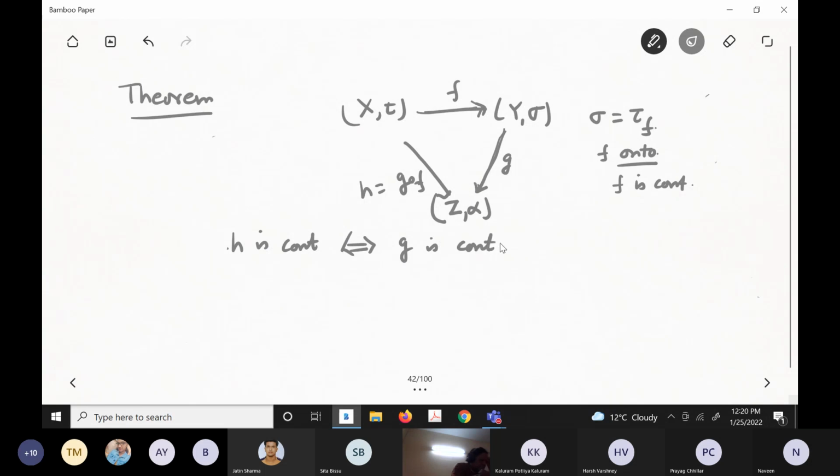Look, one way is immediate, because the composition of two continuous maps is always continuous. So G continuous implies G dot F is continuous. The actual importance of the result is here: if H is continuous, okay.